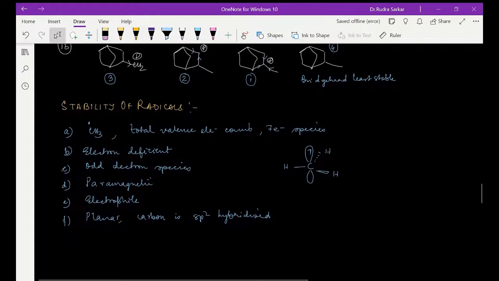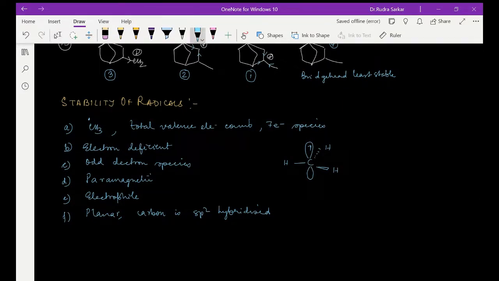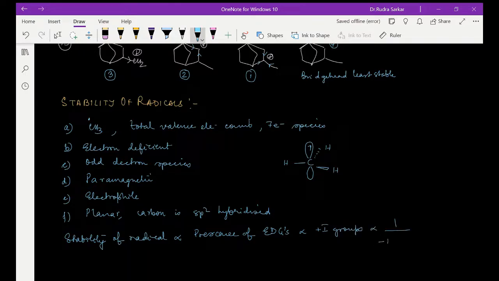So it being an electron deficient species, obviously the stability of radical is directly proportional to presence of electron donating groups, directly proportional to plus I groups, inversely proportional to minus I groups. That is what it should be.